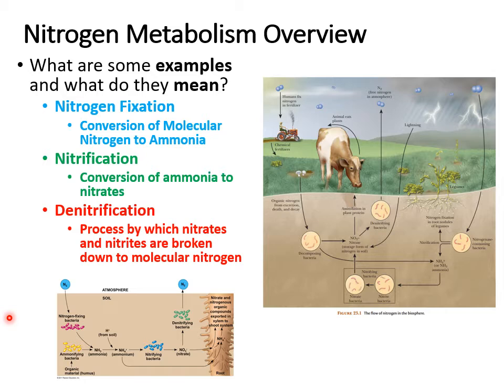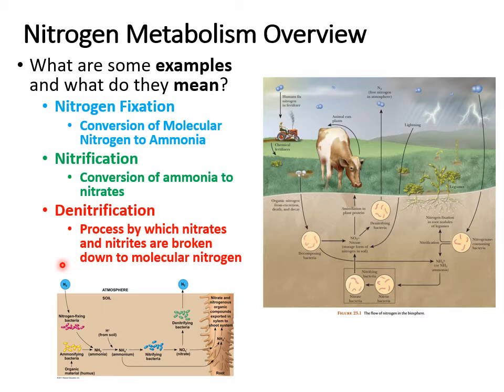There are three terms or three processes that I want you to be aware of. Be aware of the terminology and exactly what's going on. So the first one is nitrogen fixation. So you can see that here in this small diagram and also on a larger scale in this diagram here.